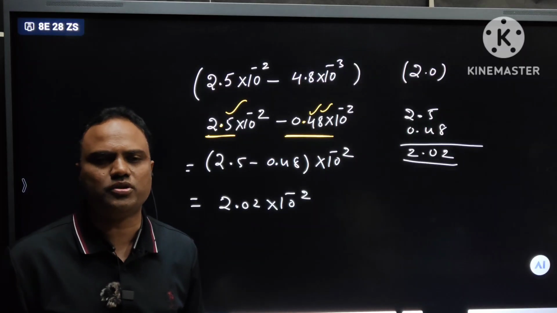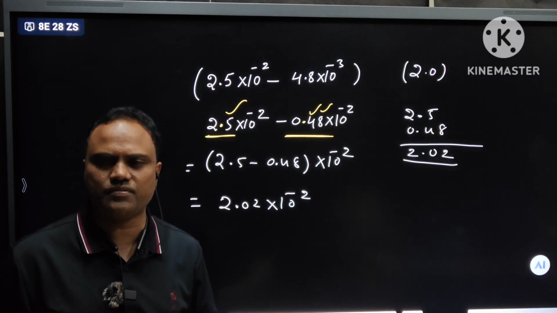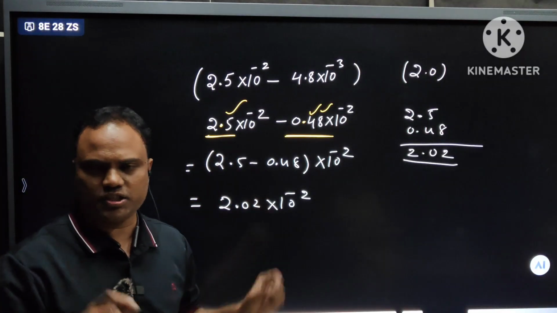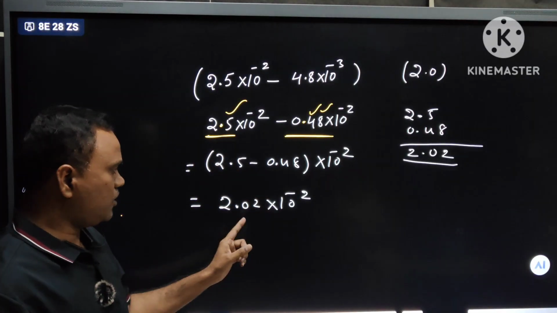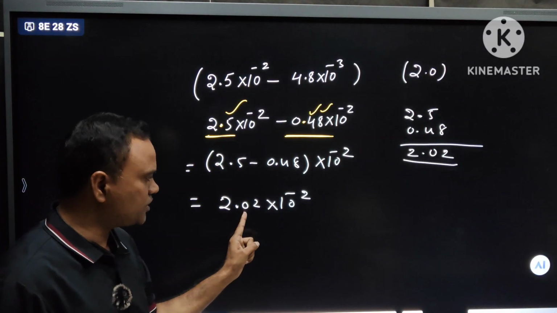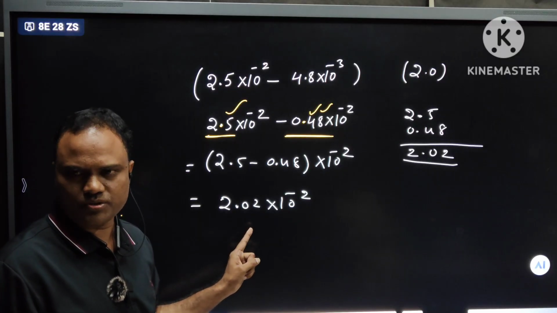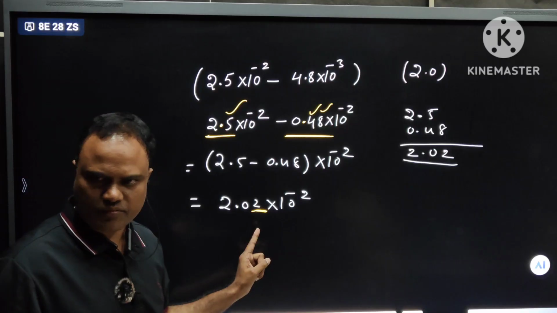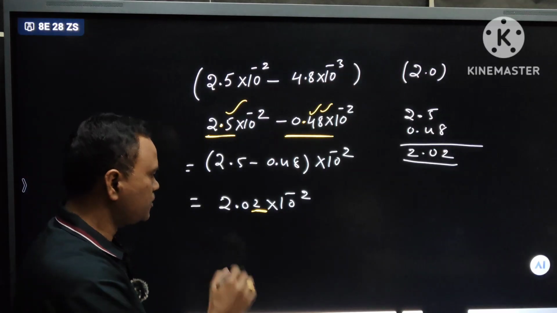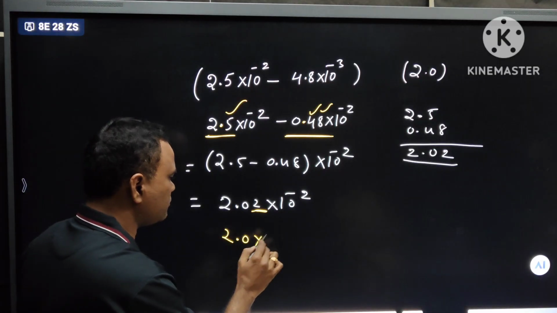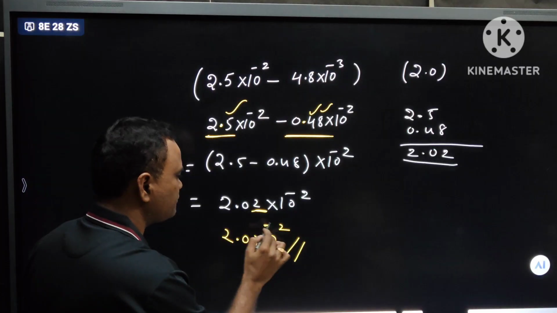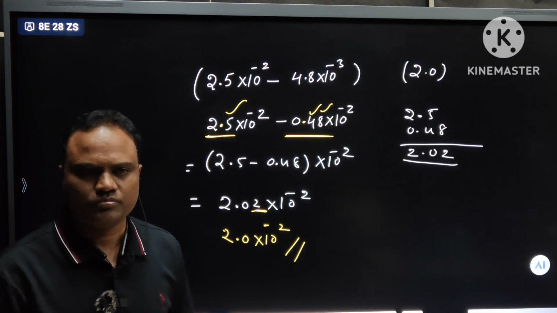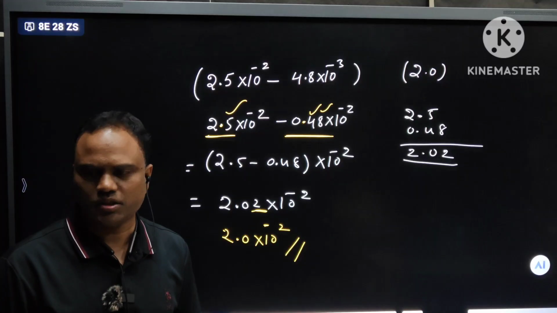The final value should be reported to the same decimal places as that of the number with the least decimal places. So after the point we have 1 decimal place. So we have to keep 1 decimal place, means 0. You have to remove 2. 2 is less than 5 now, so remove directly. So the answer is 2.0 into 10 power minus 2. Right, correct answer. Clear?